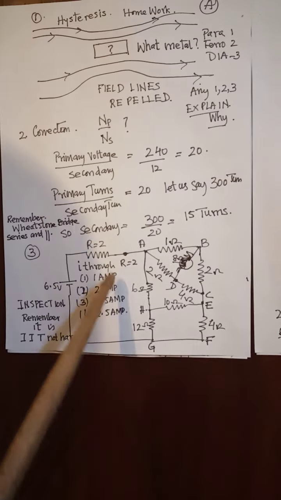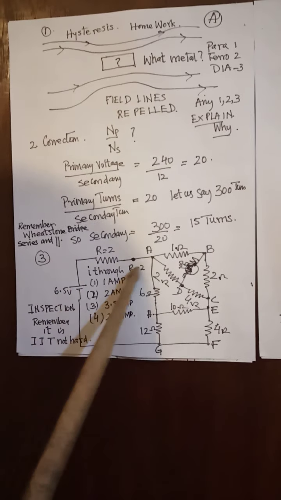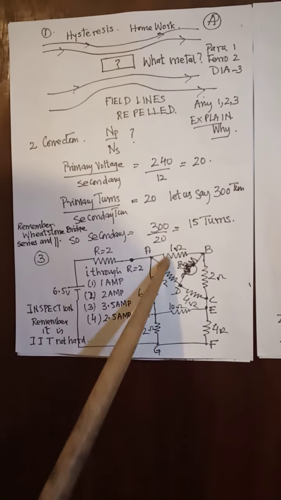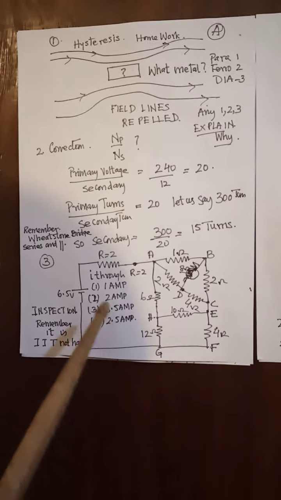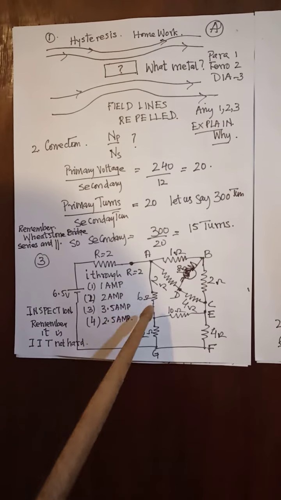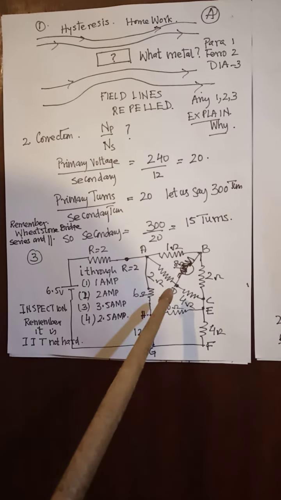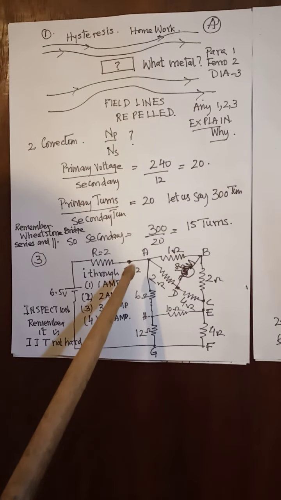You just inspect here. Don't lose hope. Because if you keep on going I1, then I2, then I3, I4, it will take you 1 hour. So be careful. And this IIT people, they are very nice. They won't give you a difficult problem. It can be solved in, say, 90 seconds.